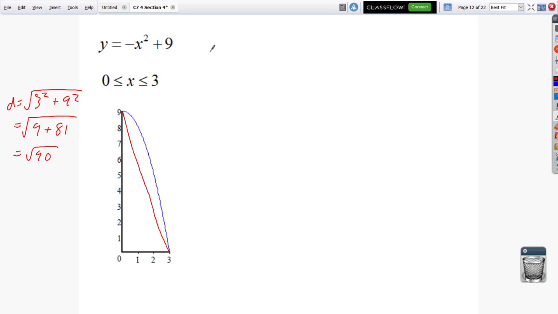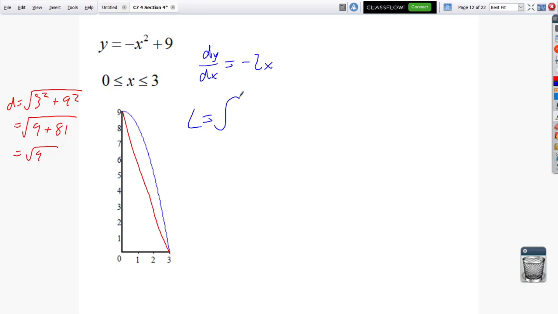So again, I start off by calculating, oops, we've got to switch back to blue. dy/dx is equal to, finding the derivative here would be, I think that's just negative 2x, right? So now we can see that the length is going to be the integral.